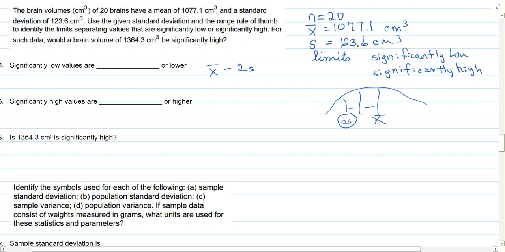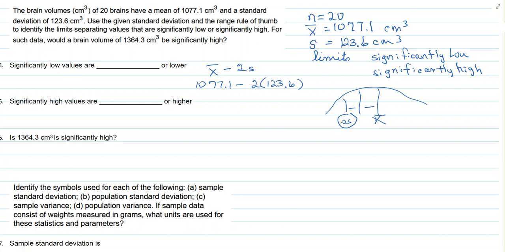It's the negative 2s. So I'm going to enter what I have, my 1077 and 1/10 minus twice the 123.6 centimeters cubed. And of course, we're going to use our calculator, which I forgot to turn on.